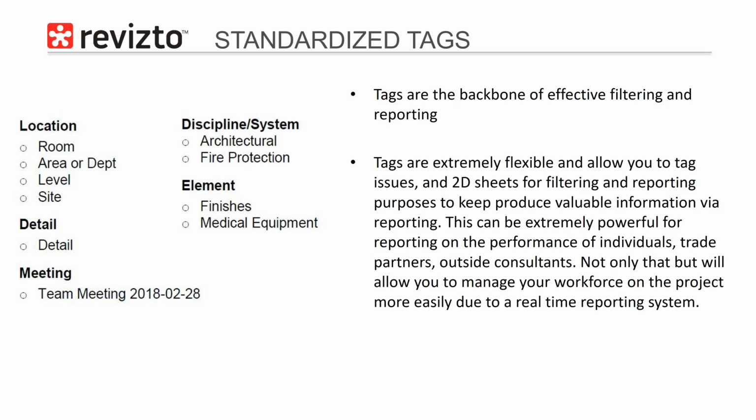The same goes for 2D sheets. If I'm working in 2D sheets doing a 2D sheet design review, but I'm the architectural design review team, I don't really care about all the other sheets. That's why, if all those sheets are tagged properly, we can filter those sheets, find them, and work directly in the environment that is important to us. However, we are still feeding our information into the overall project.